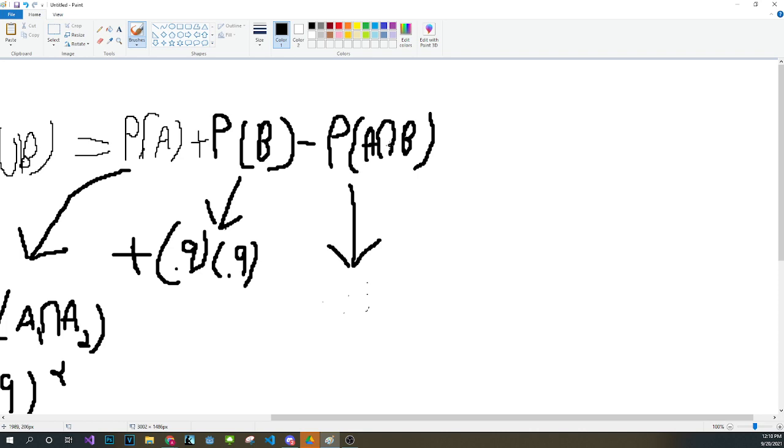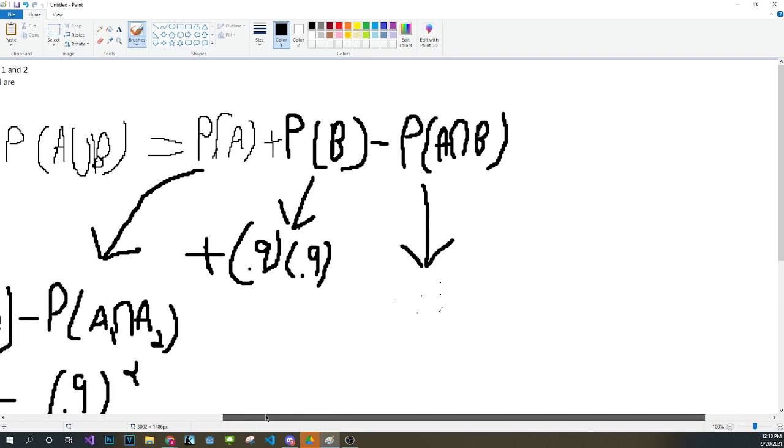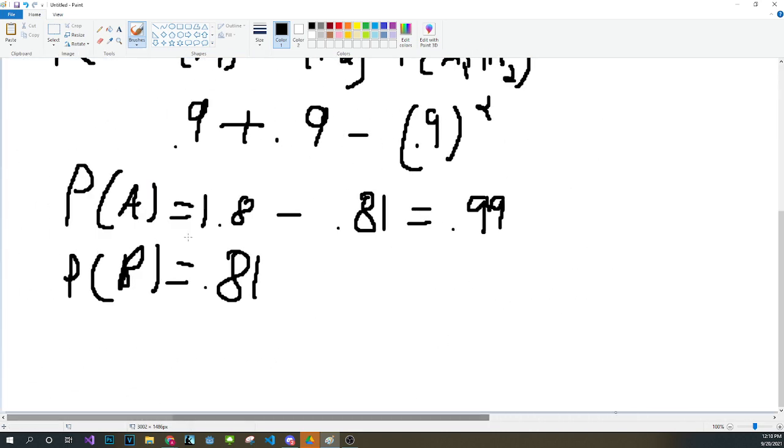So the probability of A cap B. We established that the probability of A is 0.99 and the probability of B is 0.81.